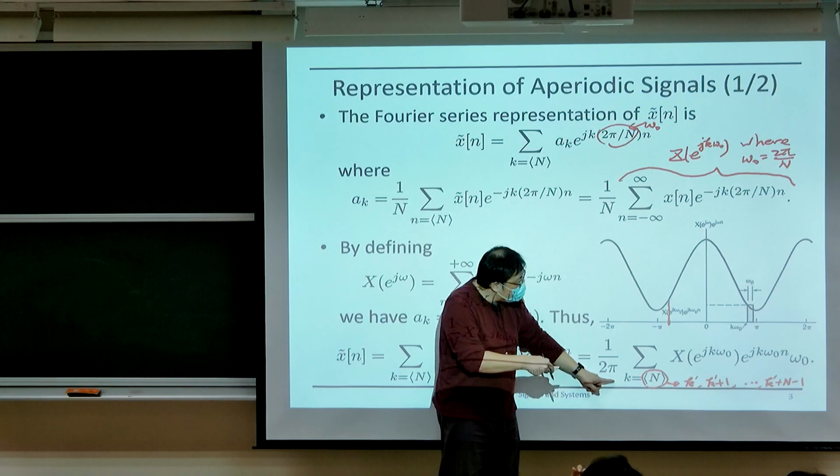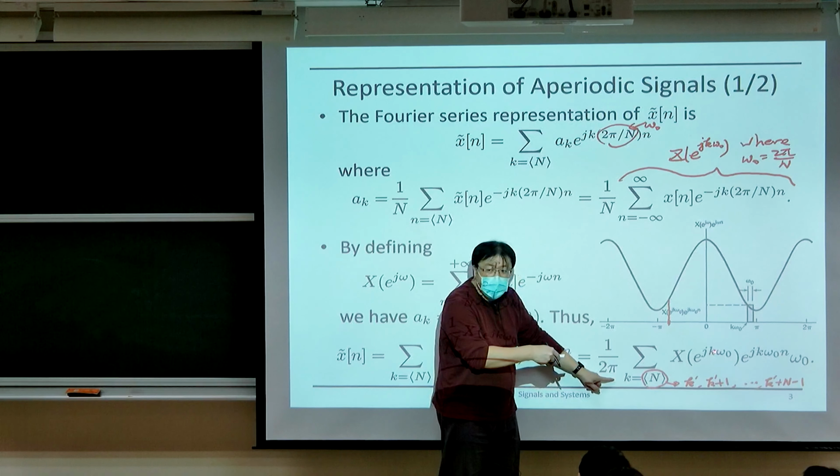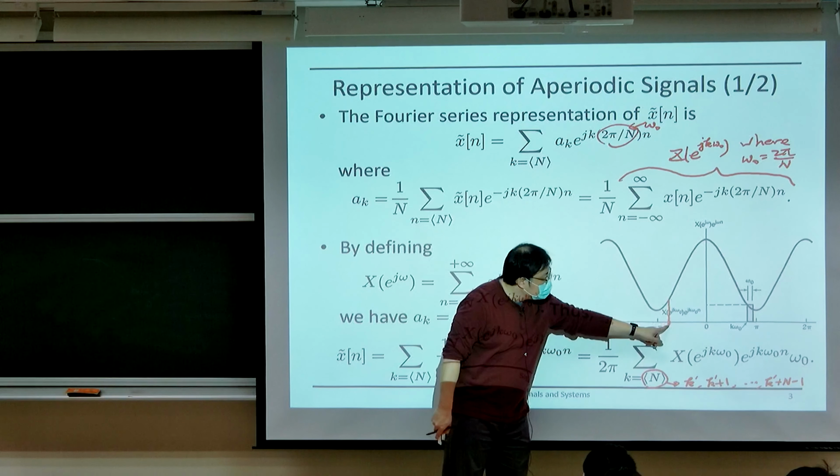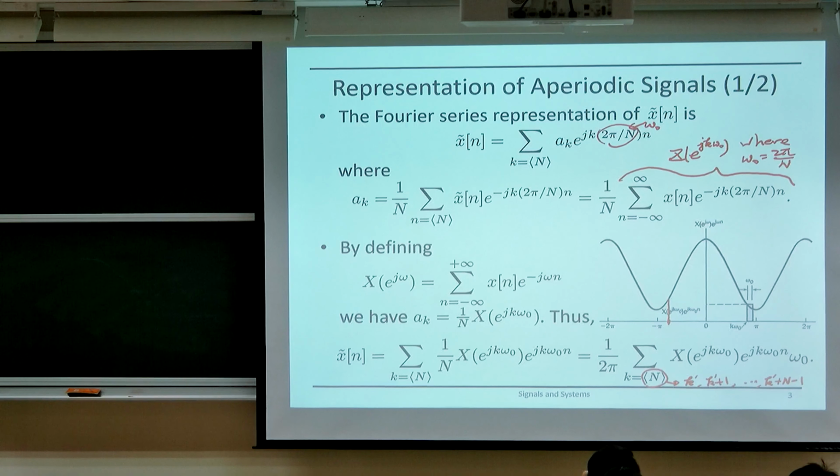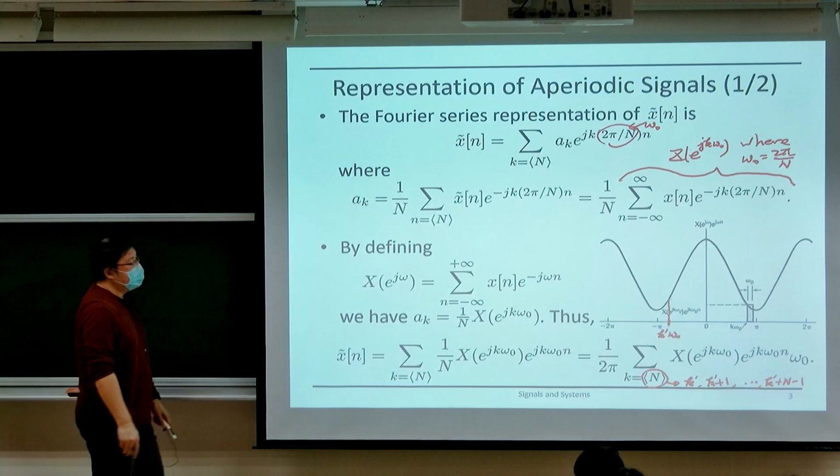If you take k equal to k prime, then this will be sampling at the point omega equal to k prime omega naught. So suppose this point is k prime omega naught.